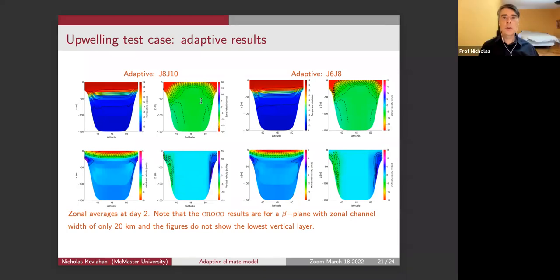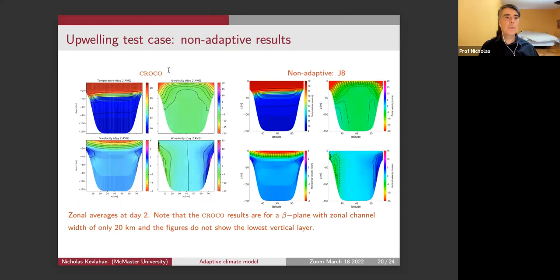In fact, Croco, this model here, is a regional model. You just take a small portion of the ocean, and then you have boundary conditions. You have to design boundary conditions. But if you want to look at global flow, a global circulation model, then it has to be for the sphere.